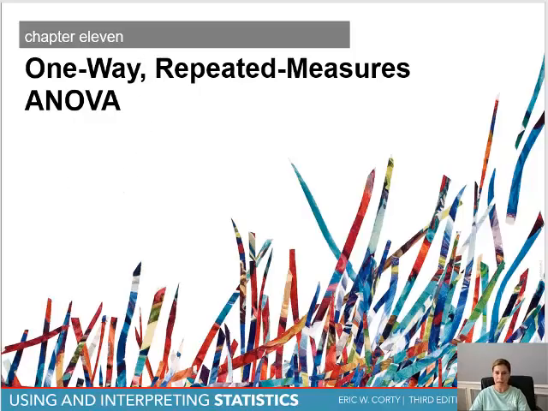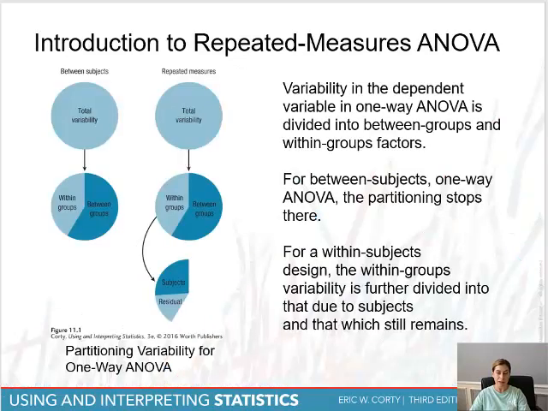So let's look at what ANOVA is doing behind the scenes with both the one-way ANOVA and this repeated measures ANOVA. So remember that ANOVA stands for analysis of variance. So what it does is analyzes the variance in the scores and the dependent variable that you're measuring from your cases, your participants.